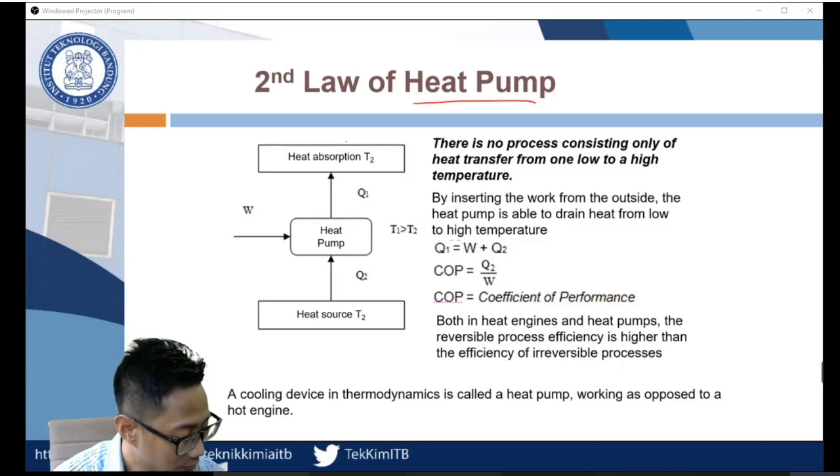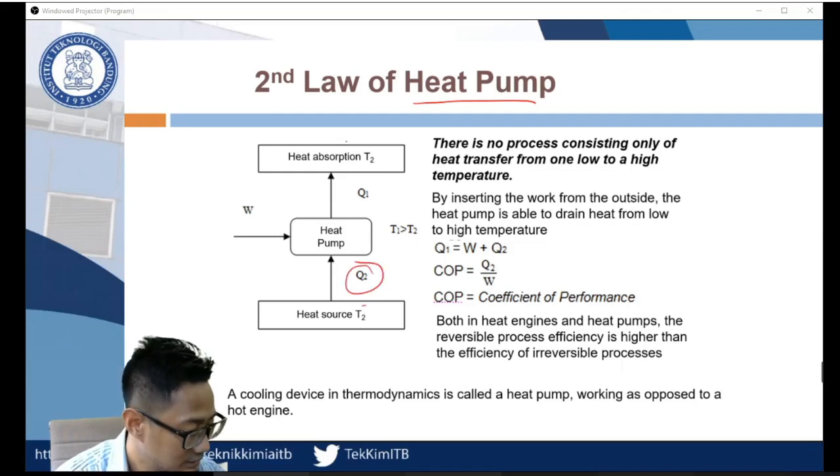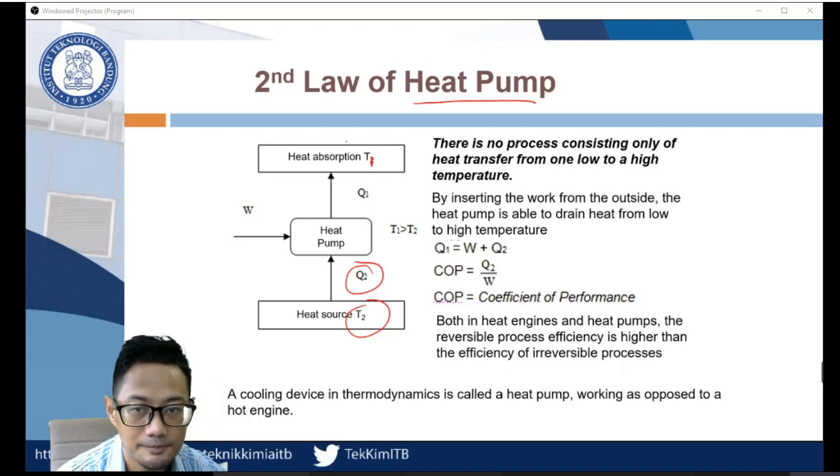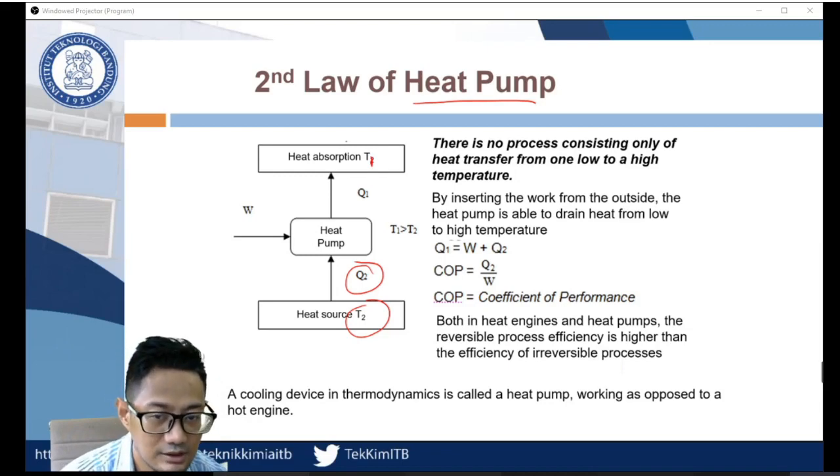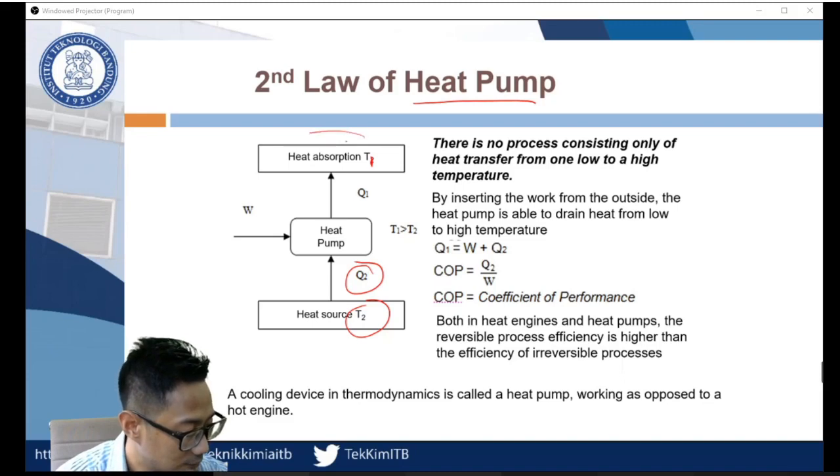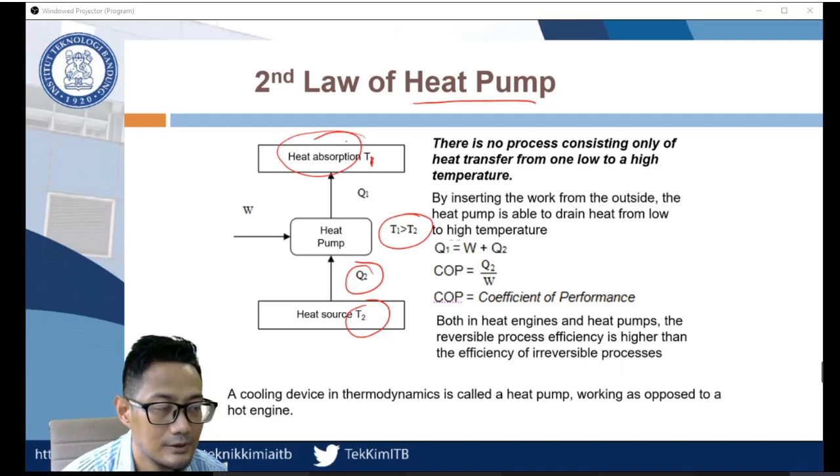So the idea is we want to transfer the heat from T2 to T1. This one is T1. We want to transfer the heat from the heat source, absorbing from T2 to T1, where T1 is higher than T2.